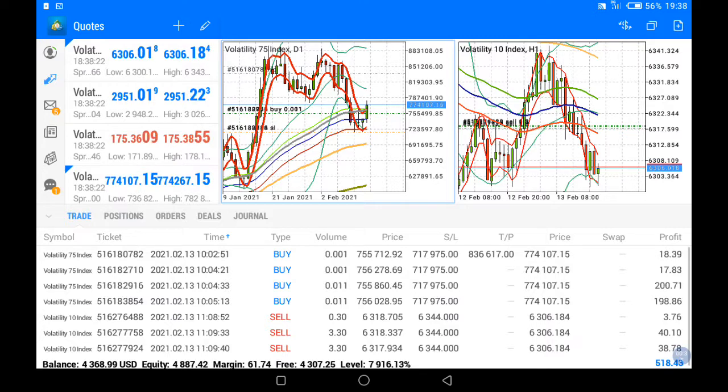I consider volatility index and currency trading as forex trading, because the truth is the markets are alike. Once you understand price action, you can trade both markets accordingly.